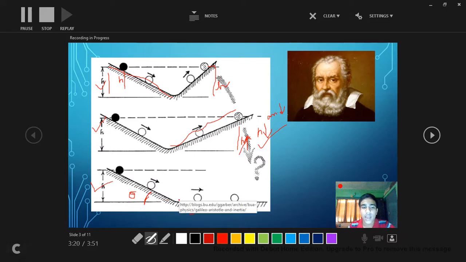If the angle is made less, it can cover a large distance and get that height. But in this case, it can never get the height because it is 0 degree, however much distance it may cover. So this was the experiment on which the first law of motion was based.